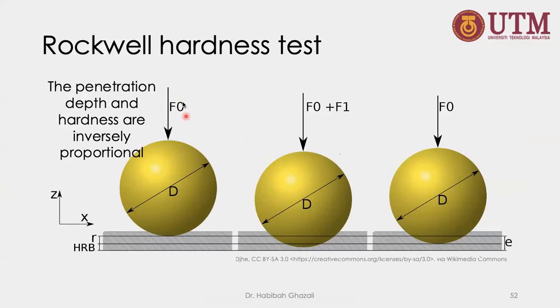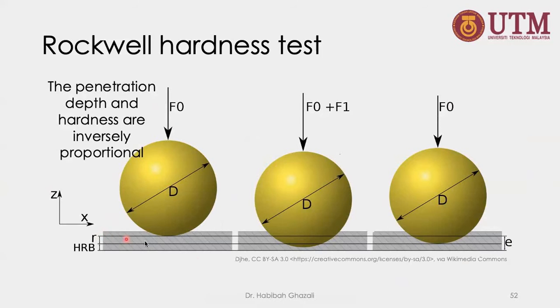The penetration is measured at the first minor load, and then the load is increased to the major load, then decreased, letting the initial load be maintained in the testing.